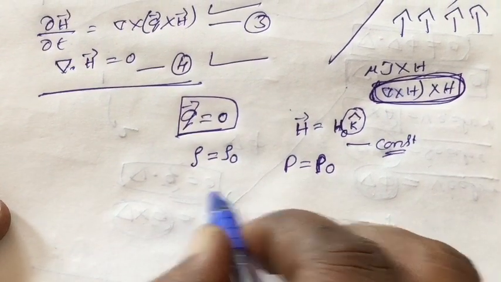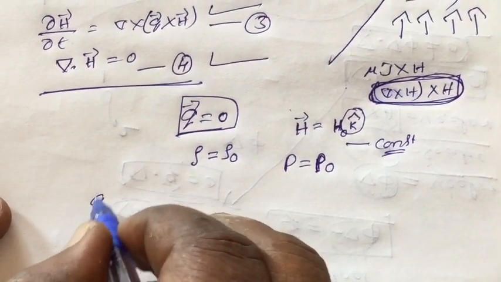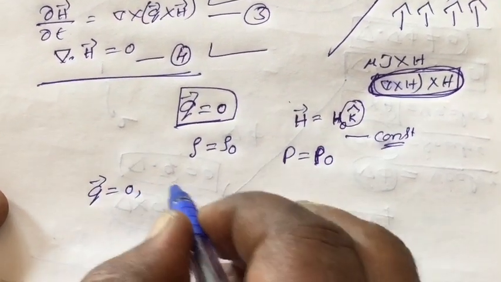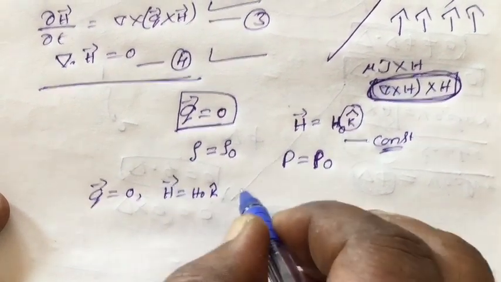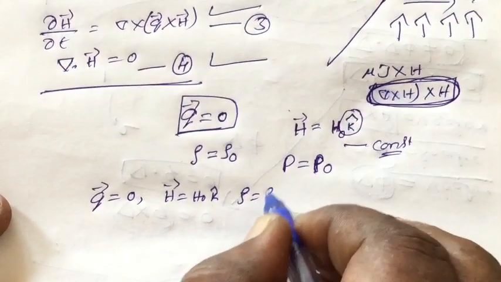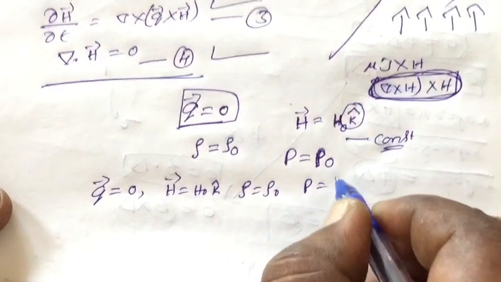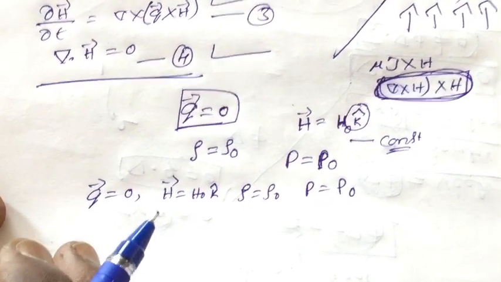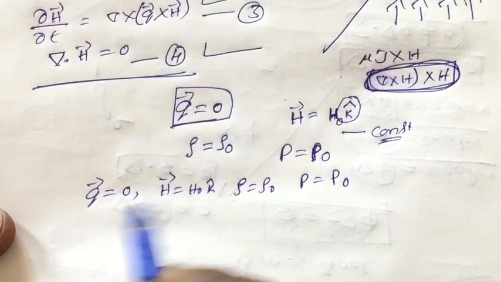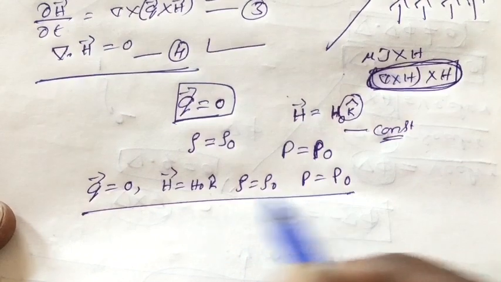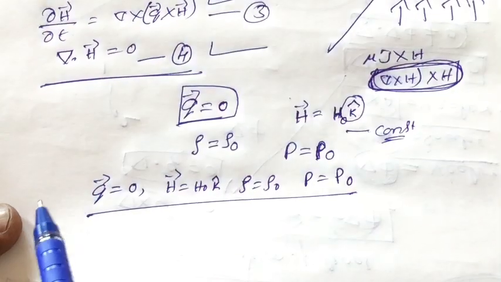Therefore, the basic state is given by Q equal to 0, H equal to H naught K, rho equal to rho naught, and P equal to P naught. This is the basic state of the system. Clearly this basic state satisfies the given equations.